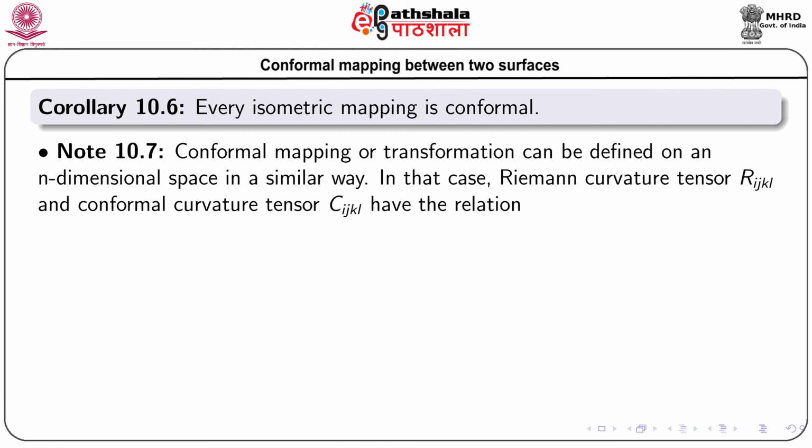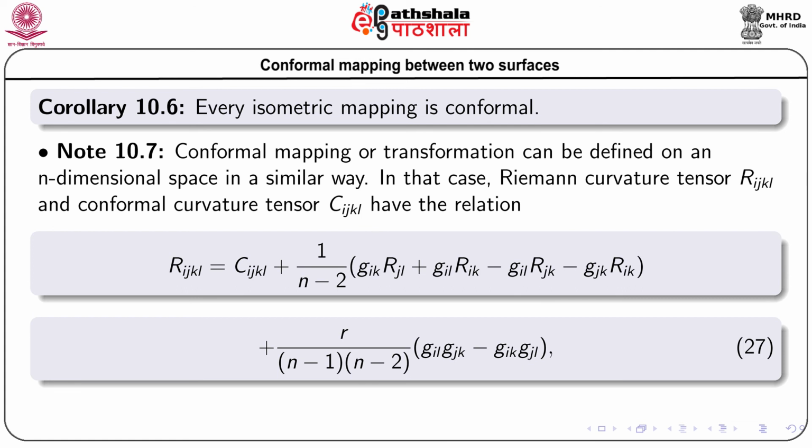Now, this conformal mapping or transformation can be defined on an n dimensional space in a similar way, and in that case the Riemann curvature tensor R i j k l and conformal curvature tensor C i j k l have the relation, where R i j k l is the Riemann curvature tensor, and R j l, R i k etc. are the Ricci curvature tensors, and g i k are the metric tensor.